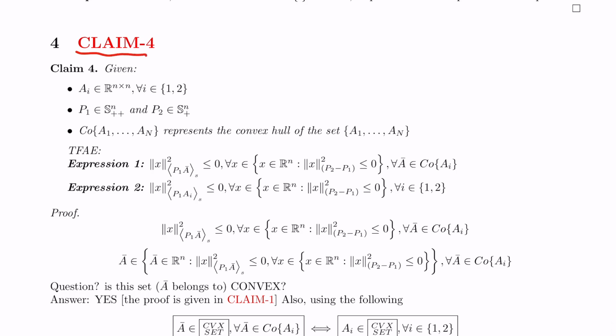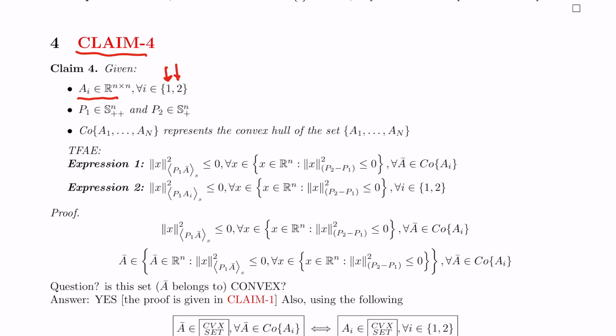Now we are pretty close to going over the complete proof. Here we are basically saying that A_i, and this is not the type of AI that you're familiar with.